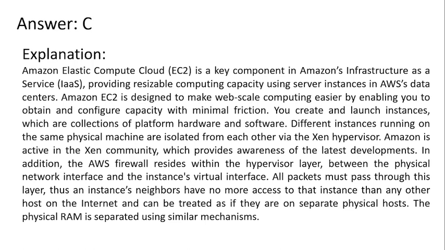Answer is D. To determine the instance public address from within the instance, you can use the instance metadata. So instance metadata is the correct answer. Use the following command to access the public IP address, that is for Linux, and next is for Windows.